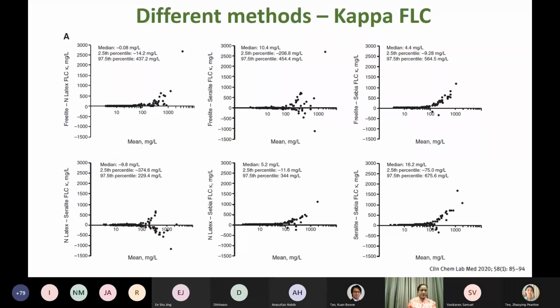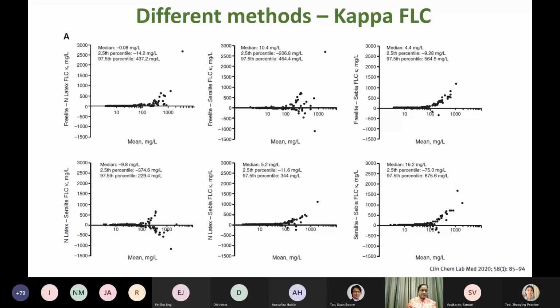So the same study looked at the method differences in absolute kappa and lambda free light chain concentrations and involved to uninvolved ratios. These are the graphs, different plots for kappa free light chain concentrations.